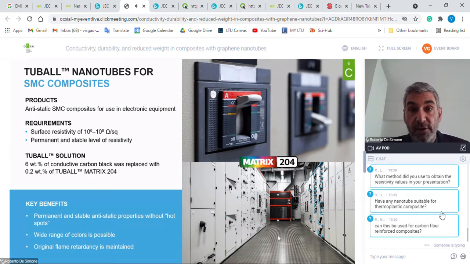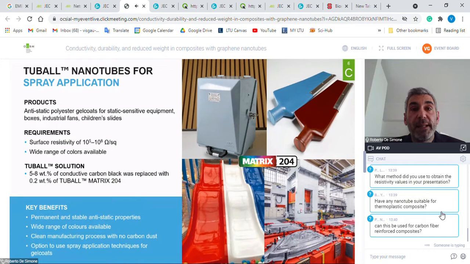The last application I would like to highlight is the use of Tubal in spray, gel coat or mold coat for different kinds of application like static sensitive equipment, electrical boxes, industrial fans, and even children's lights to reduce the antistatic effect. In this case, you are able to replace 5 to 8% of conductive carbon black with just 0.2% of Tubal Matrix 204.